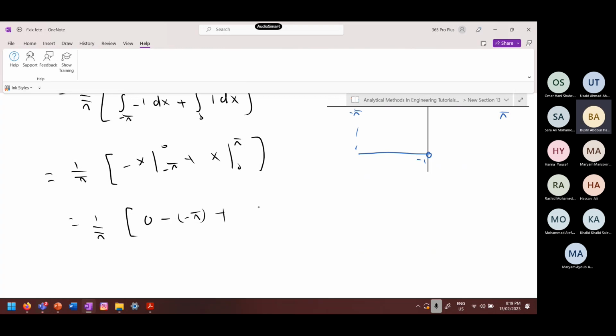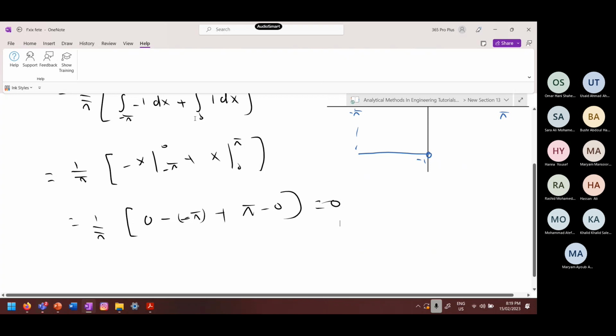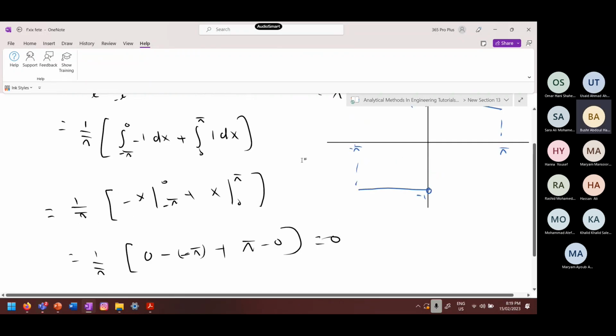Just a minute, I got confused. It's minus pi, we have 3 minuses, so it's basically minus pi. Minus pi plus pi is equal to 0. It's correct.